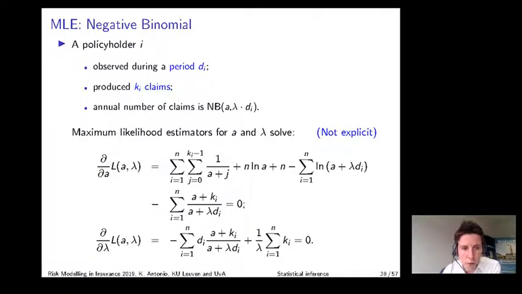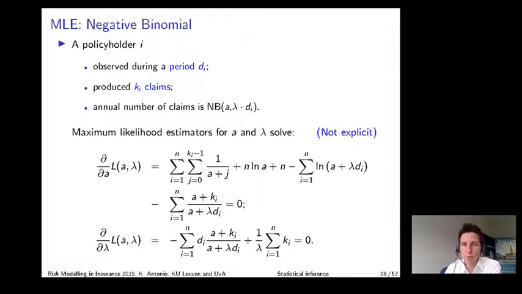So you take the derivative of the log likelihood with respect to a on the one hand and with respect to lambda on the other hand. You put these expressions equal to 0 and solve them. However, that's not going to work analytically, and you will have to rely on a numerical technique to solve this set of equations. A statistical software package like R that will be used in this course will do this for you under the hood.